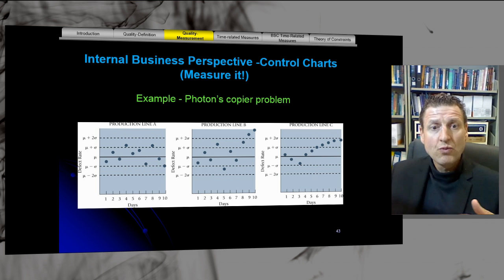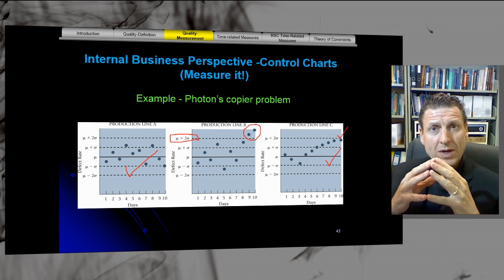With production line A, this is in control, so we can do a tick here. Production B is out of control. You can see it's gone beyond the tolerances if we've set this as our tolerance of 2 sigma. Production line C has not gone beyond a particular tolerance, so this is in control.